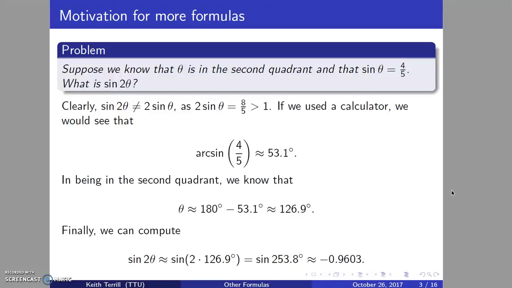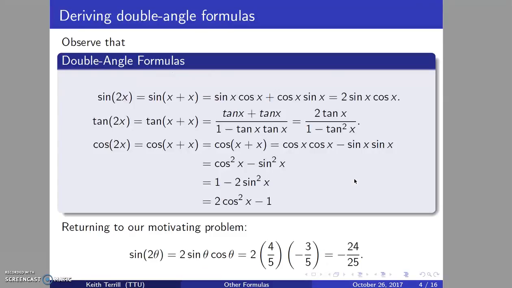Well, great. Except not really, right? This is inexact. It could be a lot better, and I wanted to make it be better. So, to exactly find the sine of 2 theta, I'm going to need a little more. And that little more is going to come from the sum and difference formulas. Sine of 2x is just sine of x plus x.